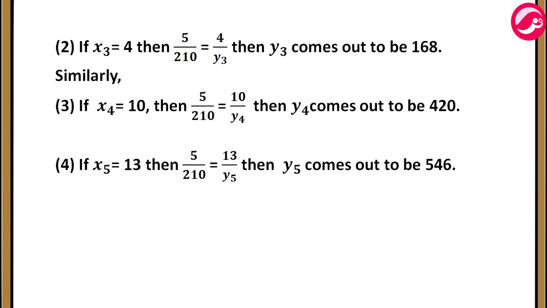If x5 is equal to 13, then 5 upon 210 is equal to 13 upon y5. Then y5 comes out to be 546.